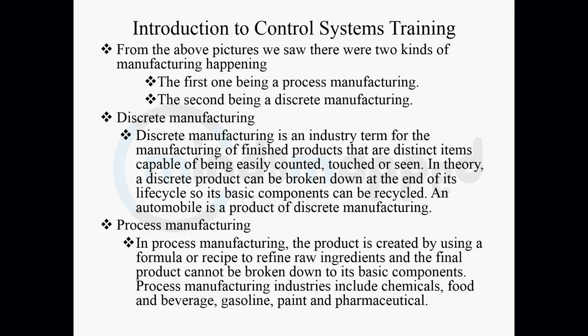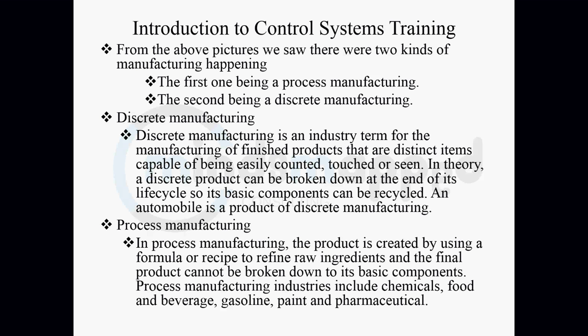At the end of the life cycle of an automobile, you can break it down, strip it down for parts, and reuse parts in further manufacturing of some other product. But let's say if you take an example of process industry, you are producing, let's say, sugar from sugarcane. You can't break down sugar again.